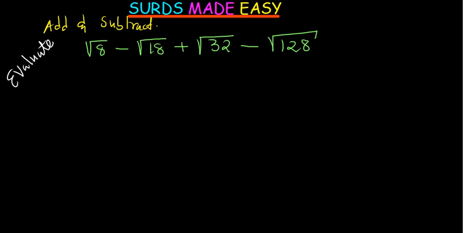So what is the smallest square number that we can take into 8 without remainder? Say 4. So root 8 is the same as square root of 4 times 2. Then minus root of 18. What's the smallest square number that we can take into 18 without a remainder? 9. So that's 9 times 2. And then plus, in 32, what's the smallest square number that can go into 32?